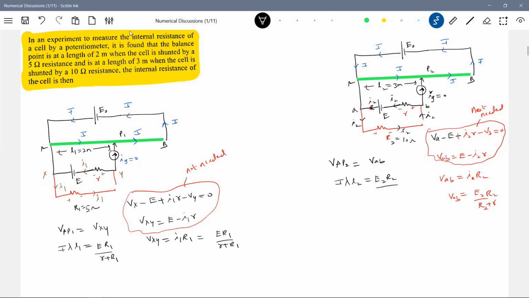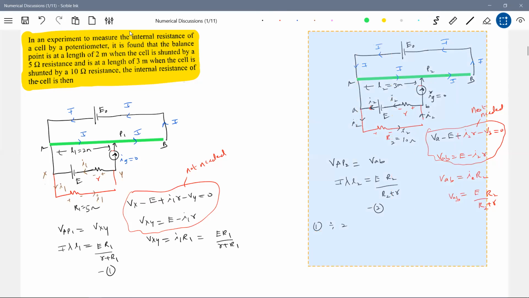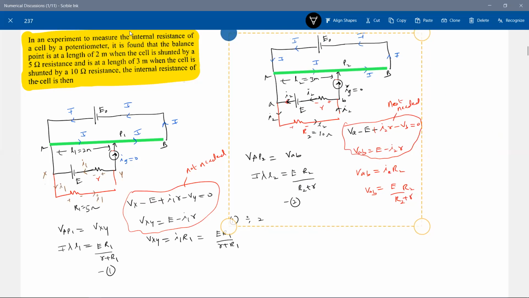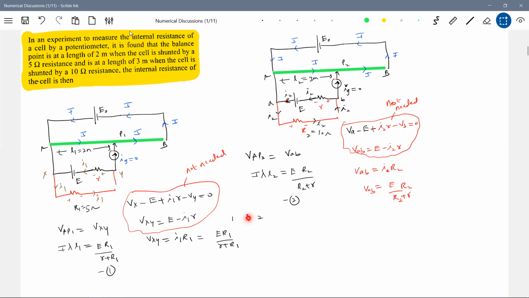It is E R2 by R2 plus R. So there's equation 1, equation 2, dividing 1 and 2. I think the unknown E will get eliminated because the EMF of cell is not there, no? So that has to be eliminated.